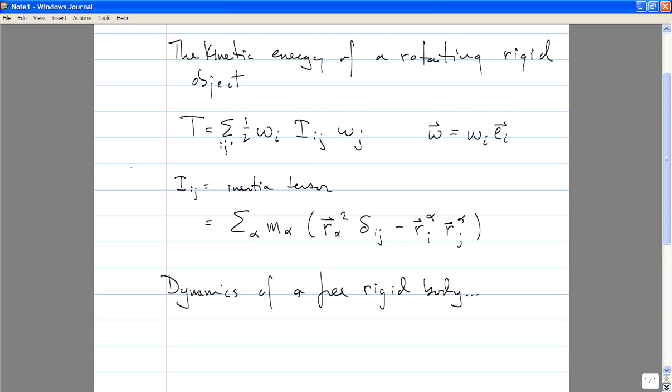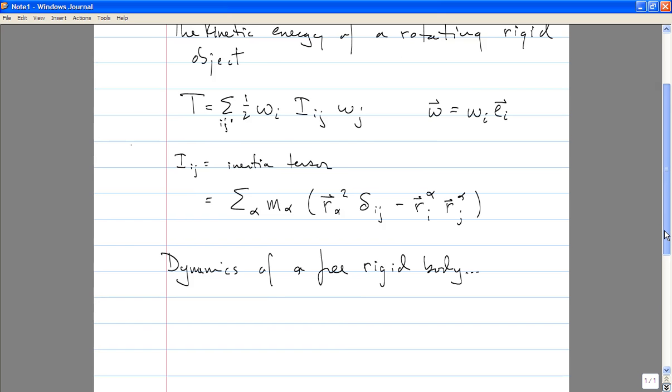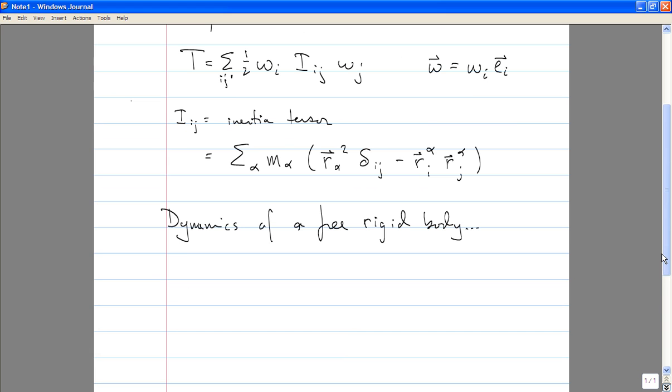So the first statement that one needs to understand in solving this problem is that the most general motion of a rigid body is a translation along with a rotation.